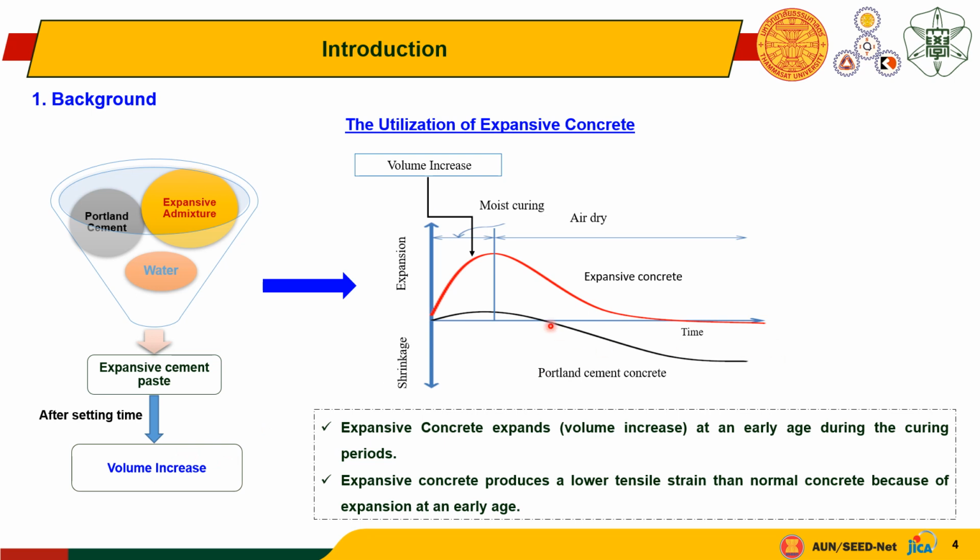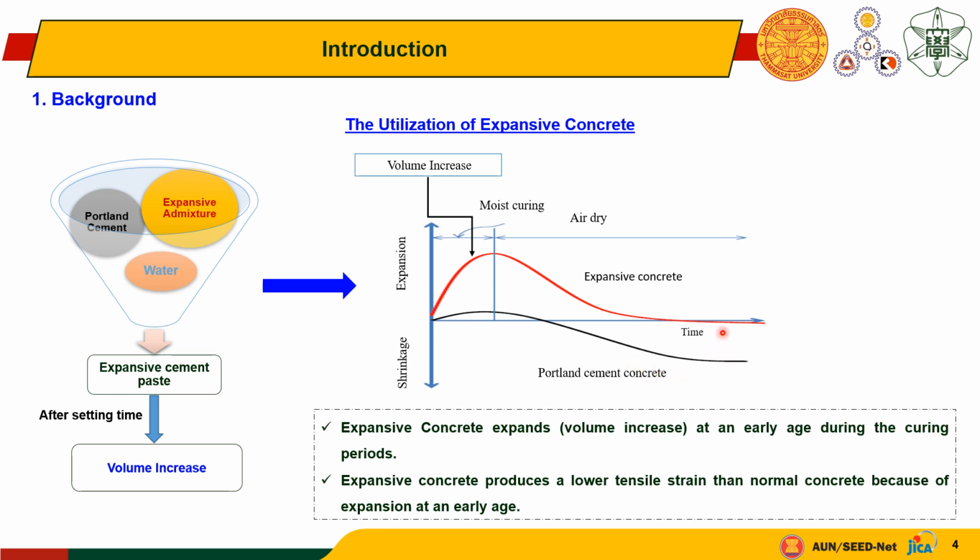So this figure shows the comparison of expansion and shrinkage between normal concrete and expansive concrete. In expansive concrete, the volume will expand during the curing period, and then after that start to shrink. In normal concrete, it also expands in the early age, but not as much as expansive concrete, and then after that starts to shrink also.